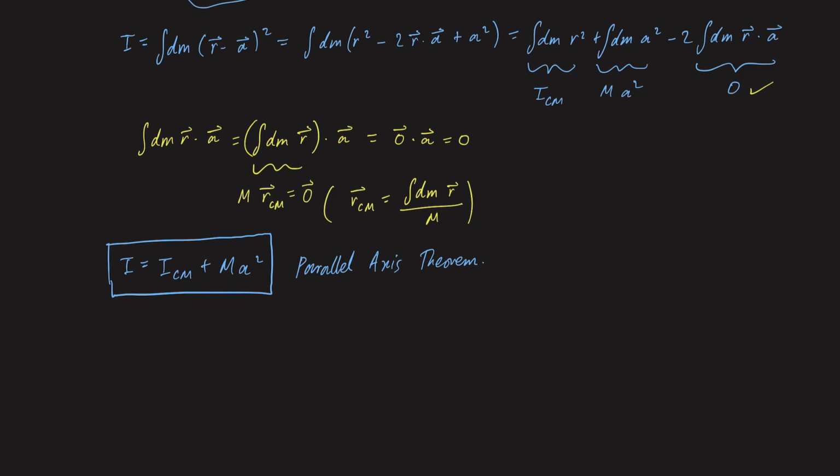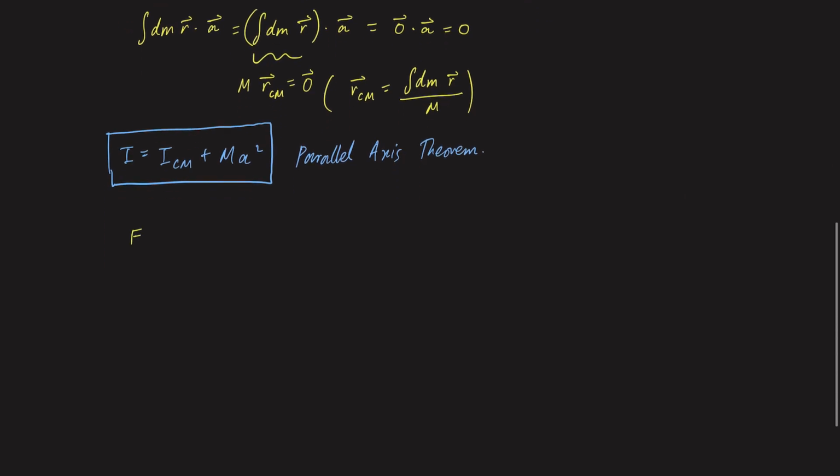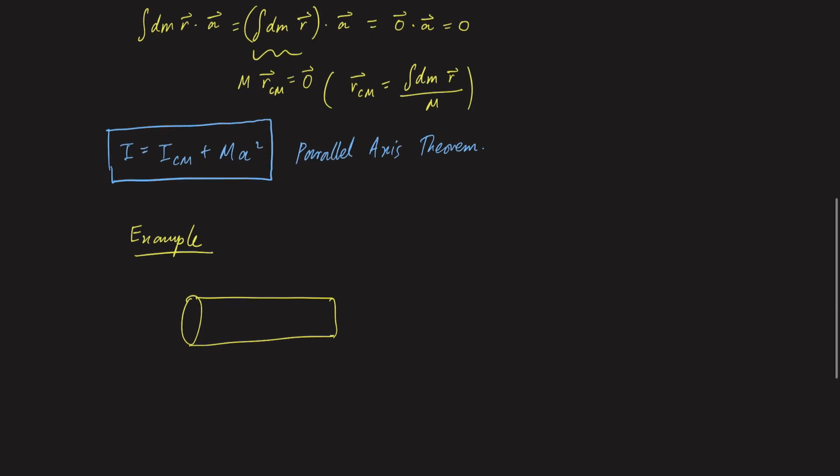Back to our example of the cylinder. For the uniform cylinder, with its center of mass axis being this green one, we know that the center of mass moment of inertia is 1/2 ma squared, where a is the radius of the cylinder.